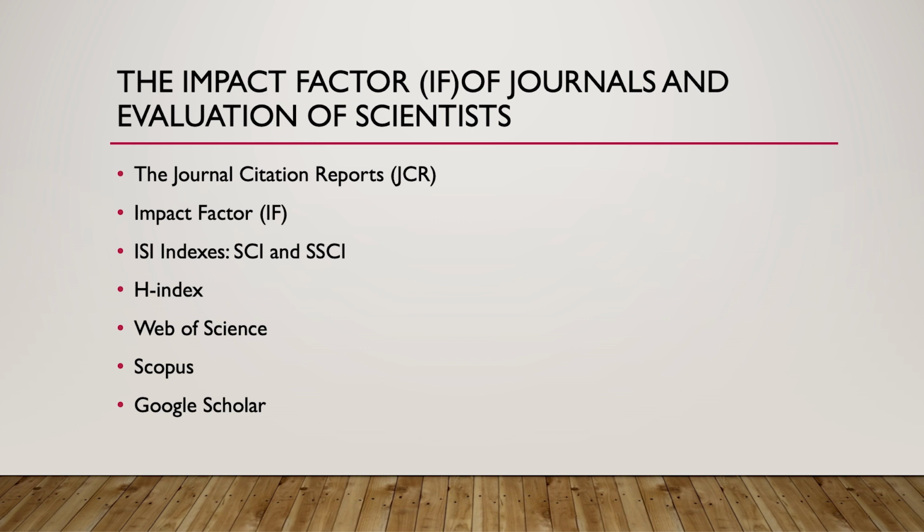We also see the impact factor of these journals, like how many articles were published within a specific journal and how many citations were received by those publications, again within the same environment, in Web of Science or in one of the citation indexes.